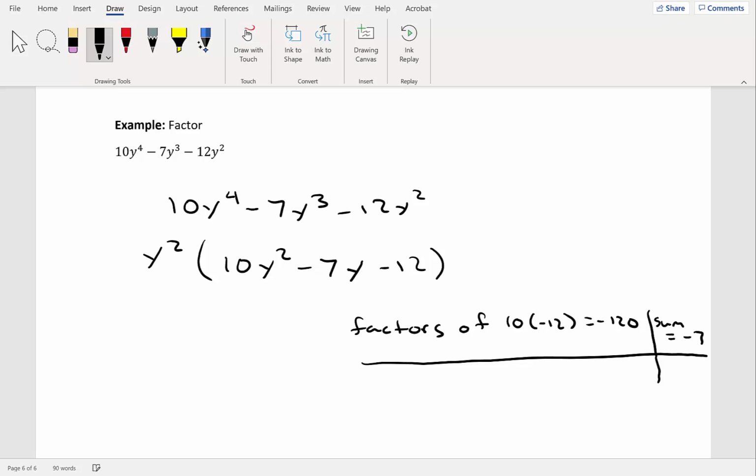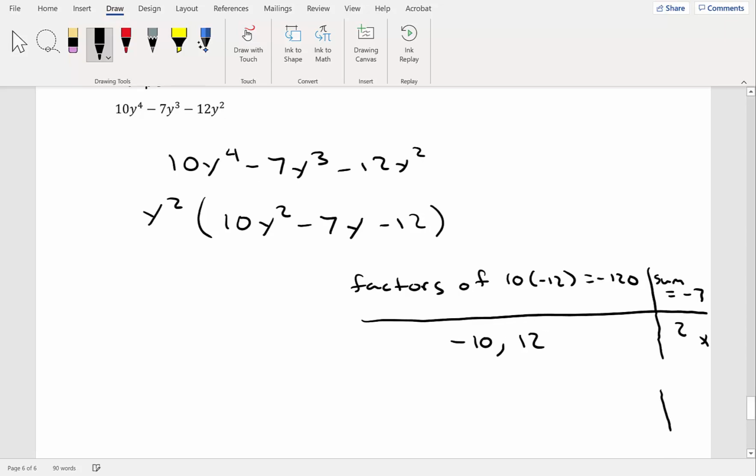Okay. So now let's try to think of some numbers that we can use here. So this one, it might be a little bit more difficult. Let's try negative 10 and positive 12. If I multiply these out, they give me negative 120, but if I add them together, it gives me a positive 2, which is not what I'm looking for.